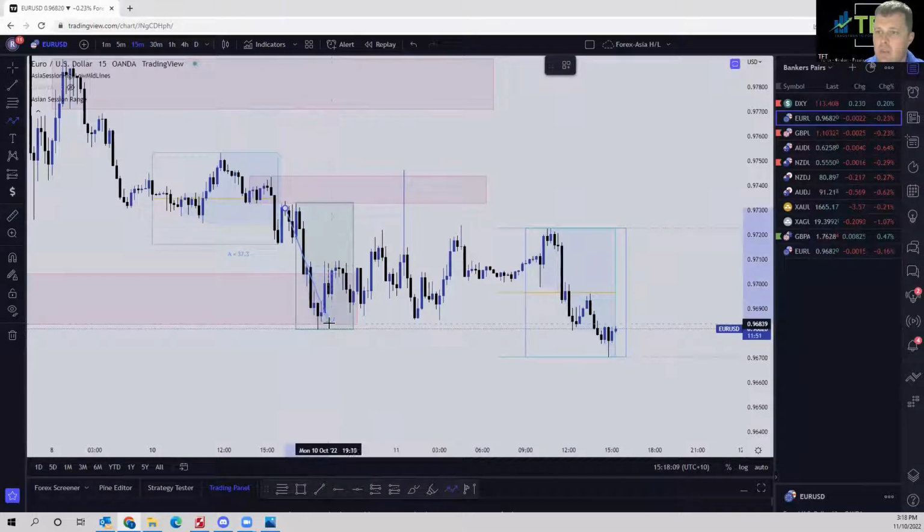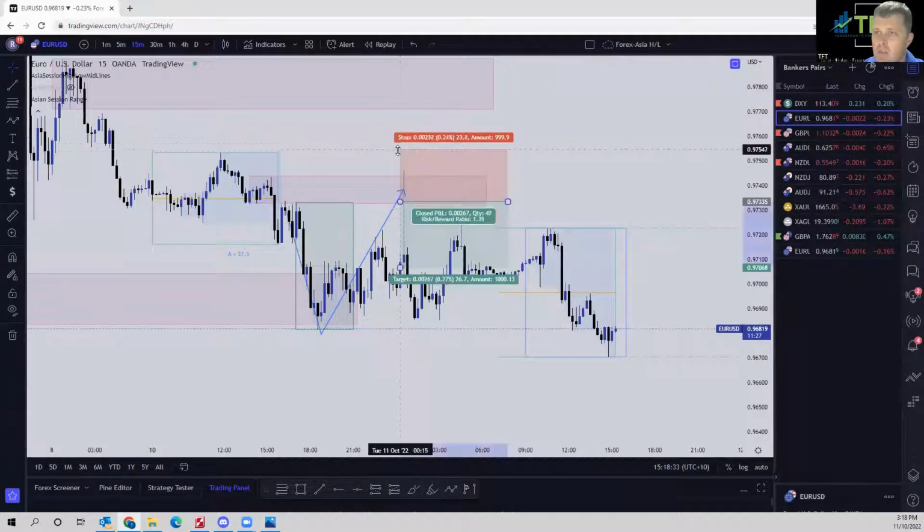We had this pull down into this area. It actually just wicked out below and broke the low of the structure to the left, which gave me the confluence that this high here was going to hold. So it came down here. I set up a nice little pending order up in here, set to a short position right at the start, just into that zone.